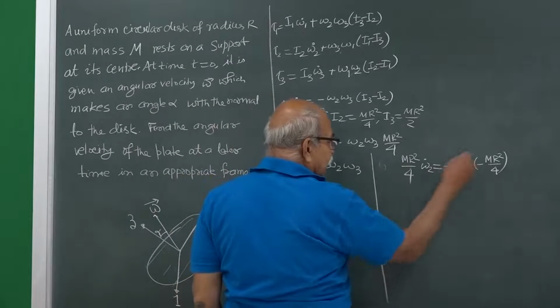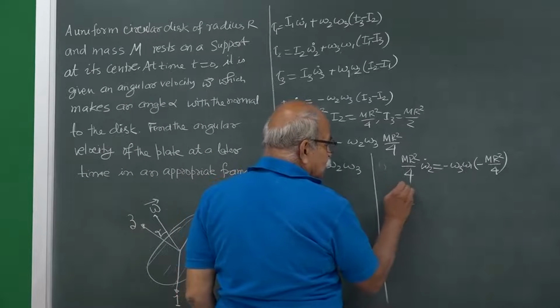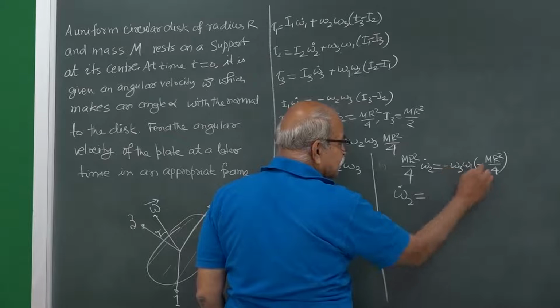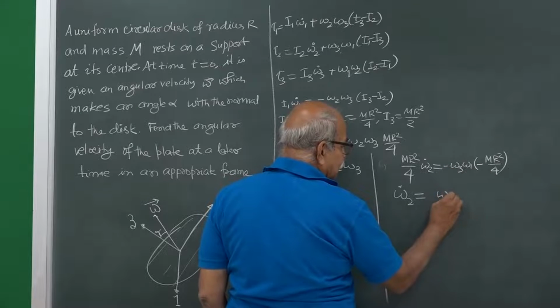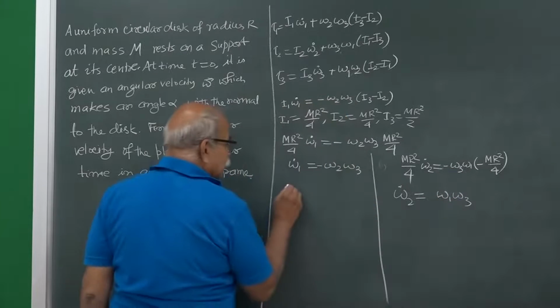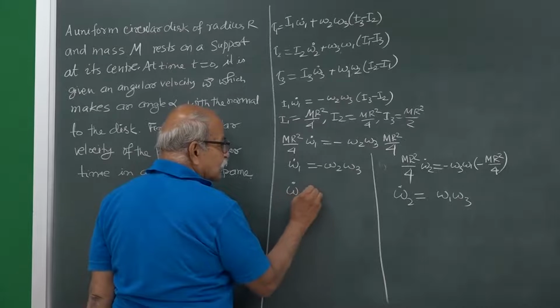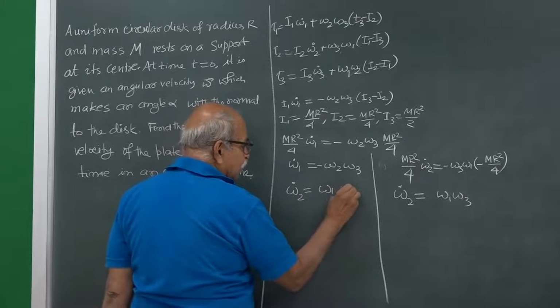Therefore, if you cancel, this becomes plus omega 1 and omega 3. So, omega 2 dot is equal to omega 1 and omega 3.